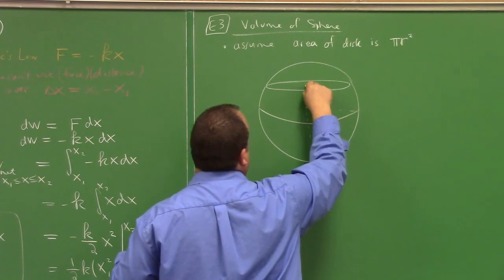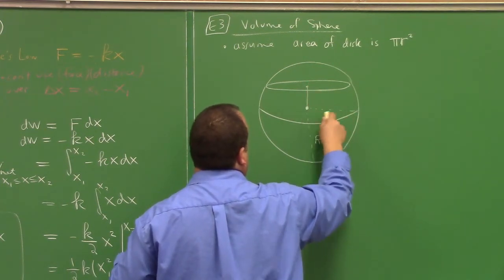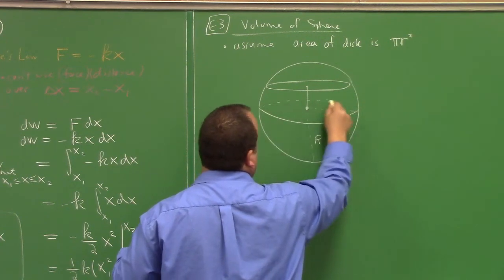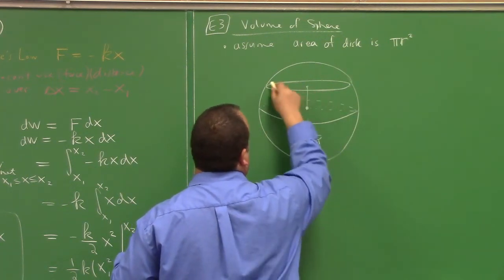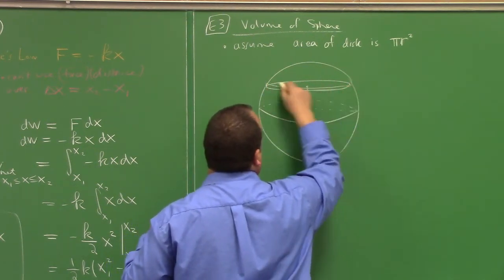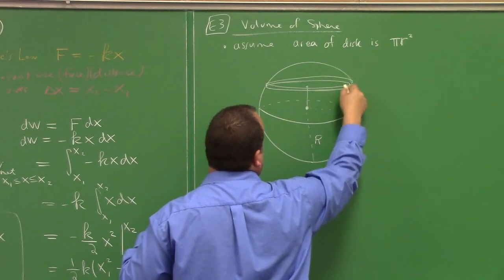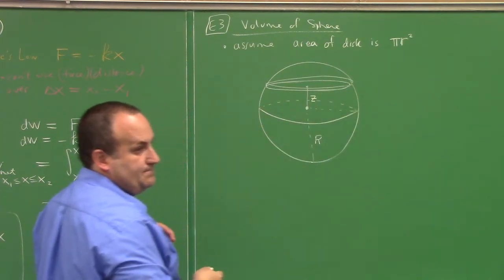Call this direction here. What do you guys want to call the distance from the center of the sphere to the disk? Let's use z, because in Calculus 3 we like to use z for that.